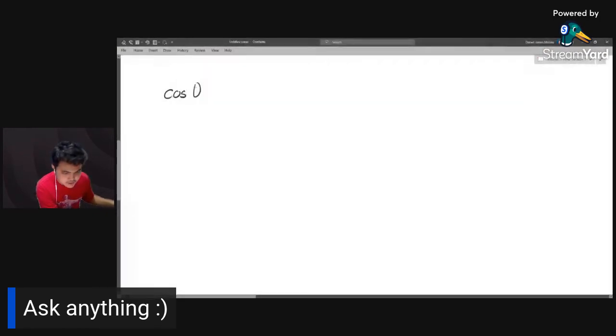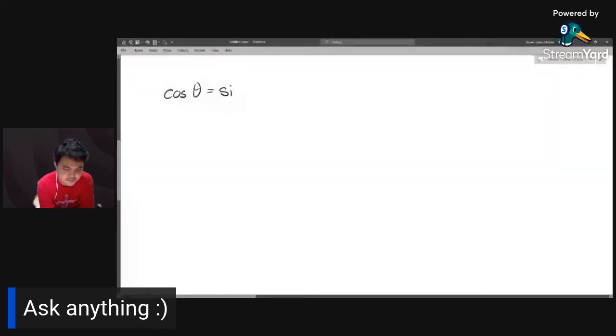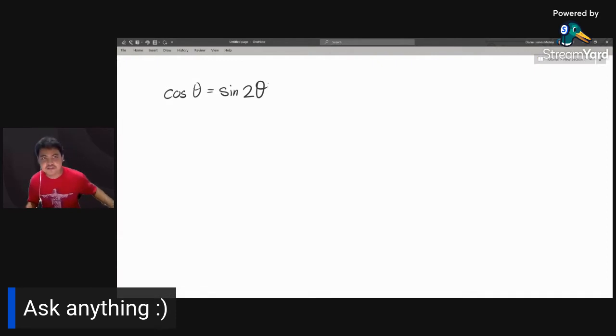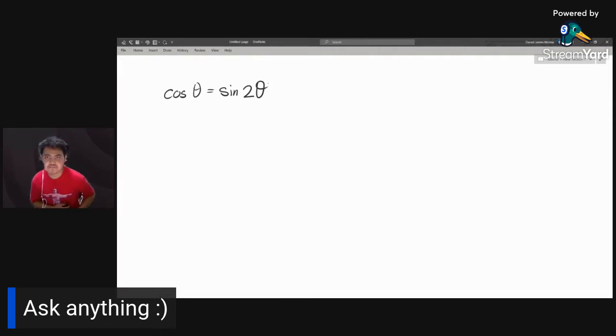Cosine of theta equal to... Let's equate that to sine 2 theta. Because why not? So, kailangan kunin natin yung lahat ng solutions nito, no? We'll try to solve all the solutions for this equation. So, basically, there are infinitely many values for theta.